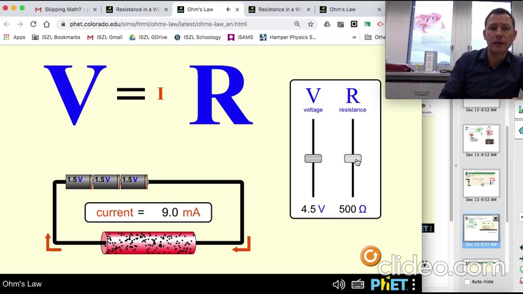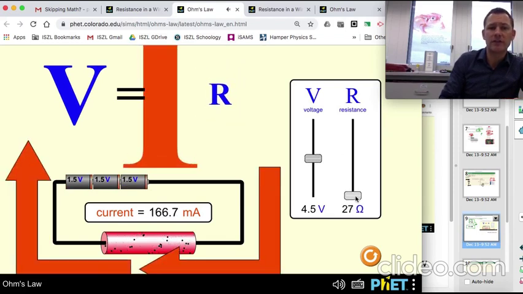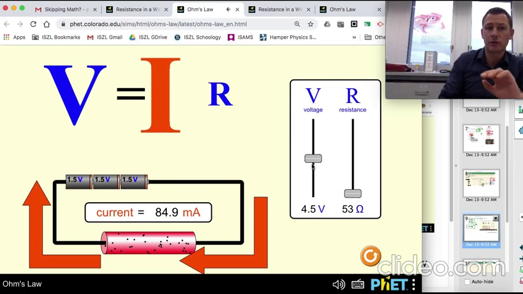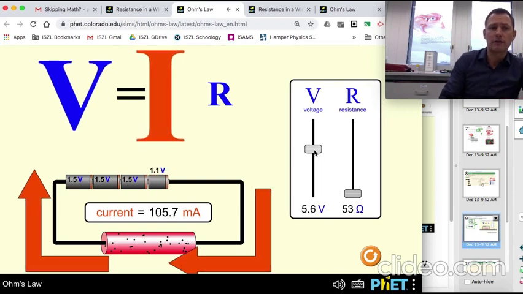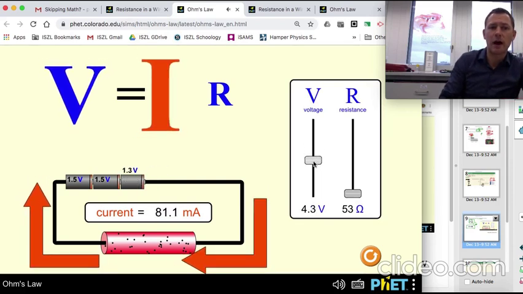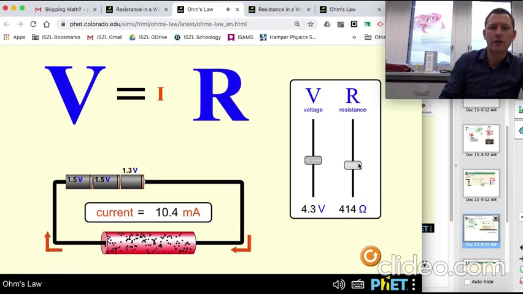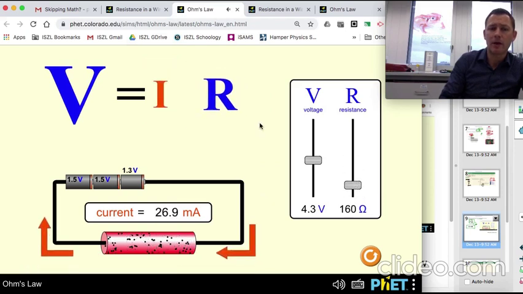Also, if we decrease the resistance, it's much easier to get current to flow. And so increase in V, increase in I, but increase in R, decrease in I. Because the resistance is going to stop the current from flowing. But more pressure is going to help. Voltage is like the potential difference. That's going to help the current to flow.